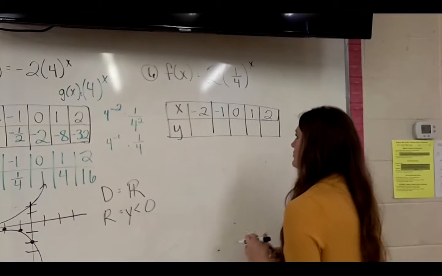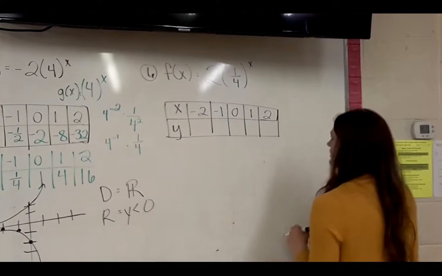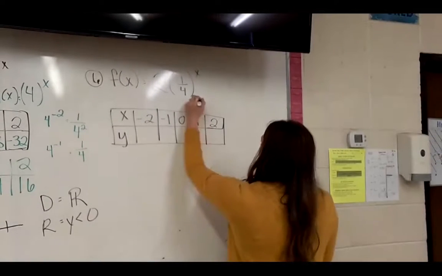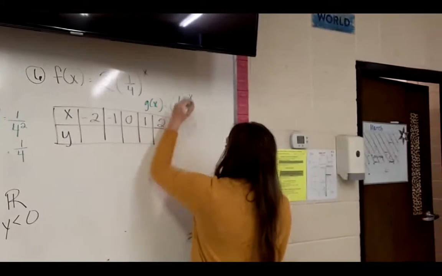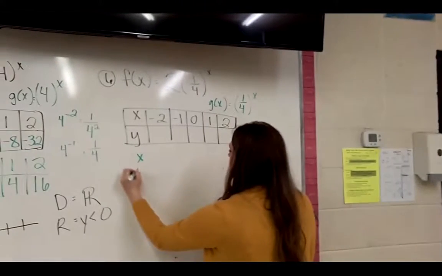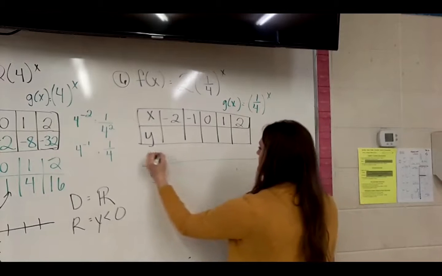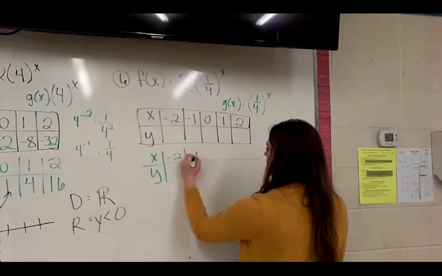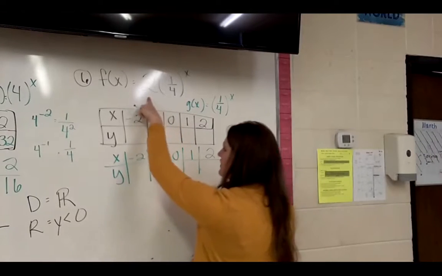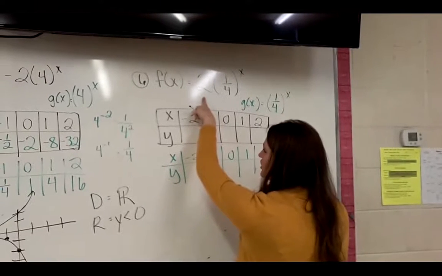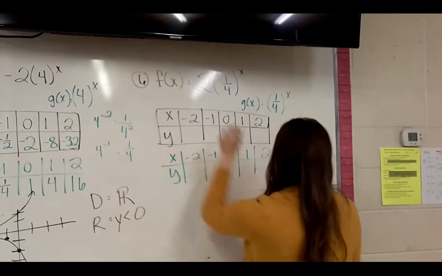Okay, on example 6, the parent function of that would be 1 over 4 to the x. So it looks like it's just multiplied by 2, so that would be a vertical stretch by a factor of 2.